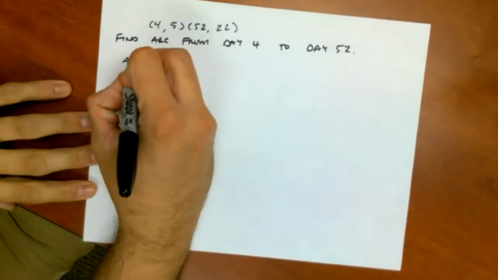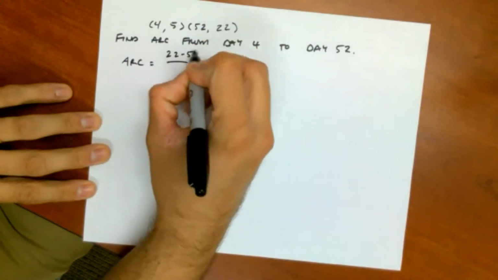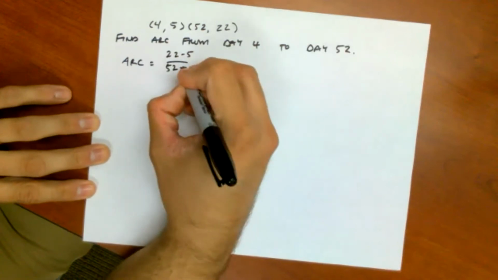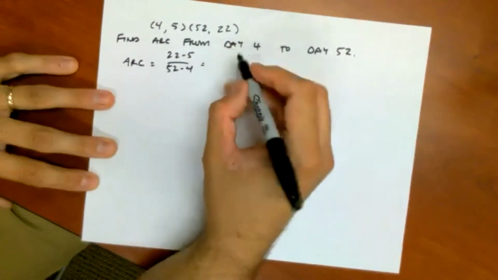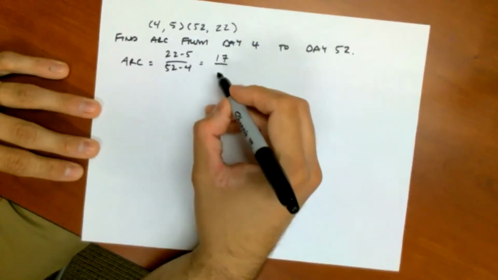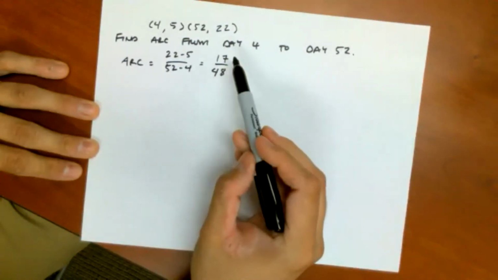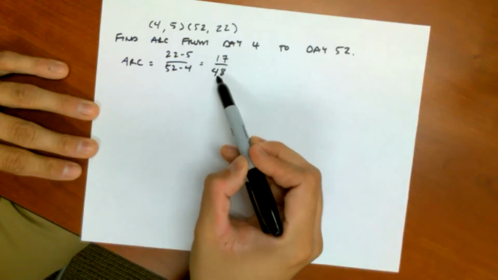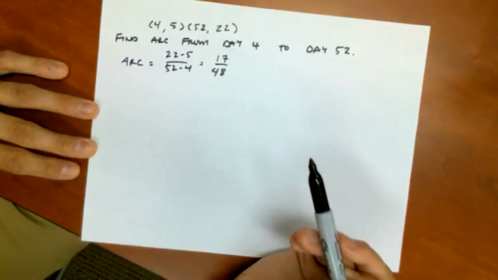So let's look at this. If I wanted to find the average rate of change, it's going to be the y's, 22 minus 5, over the x's, 52 minus 4. So 22 minus 5, that's going to be 17, over 52 minus 4, that's going to be what, 48? So over these 48 days, we saw an increase of 17 deaths, right?